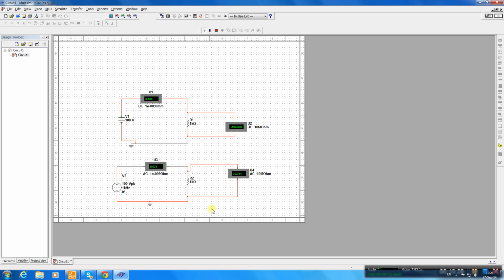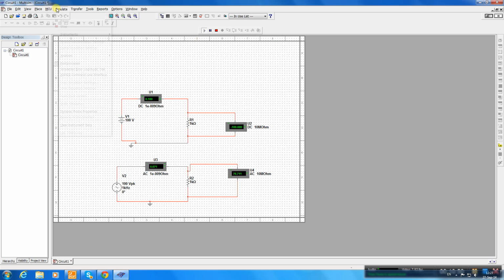But what about this case? Why do we have only about 70% of what we have in the DC case? And the second question I would also like you to answer is about this negative voltage. Why do we have negative voltage here?